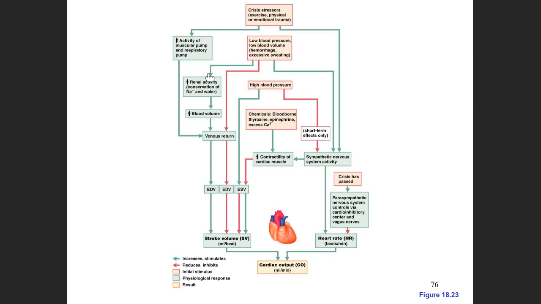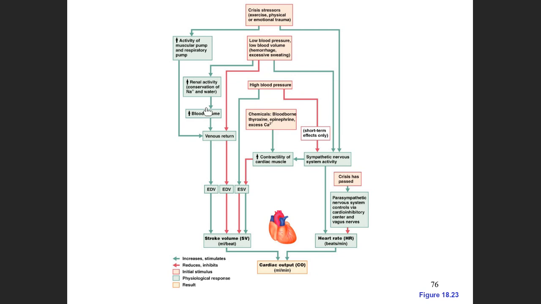Cardiac output will be decreased because the stroke volume comes out low. At the same time, the kidney is trying to participate by increasing the blood volume. How does it increase blood volume? Well, it acts through the renin, which converts angiotensinogen to angiotensin 1, and then via ACE converts angiotensin 1 to angiotensin 2, which stimulates the adrenal cortex to put out aldosterone, and aldosterone will stimulate the kidney to take back sodium and water.